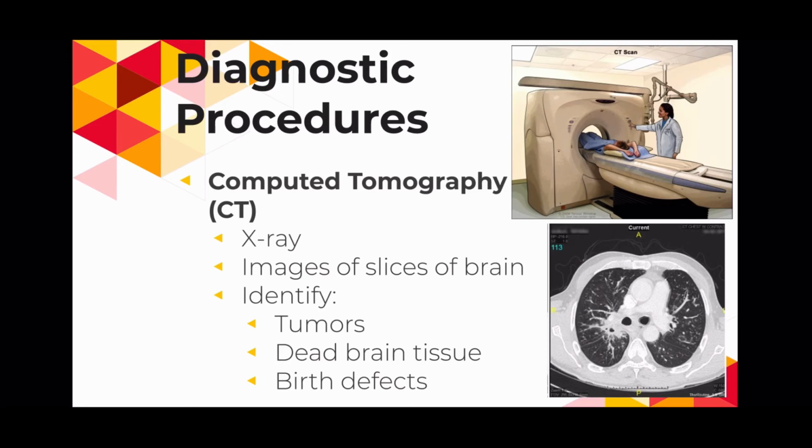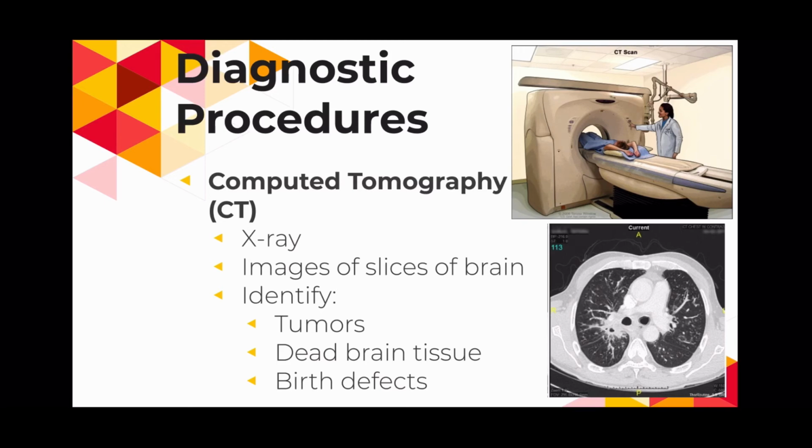So you've probably heard of a CT scan before if you haven't maybe already had one yourself, but it's really just this donut-shaped machine that produces x-rays of like slices of your brain. So basically this procedure uses a really narrow x-ray beam that circles around your head and creates images from different angles, which the computer then uses to create these cross-sectional images like the one you see on this slide, kind of like a slice of bread.